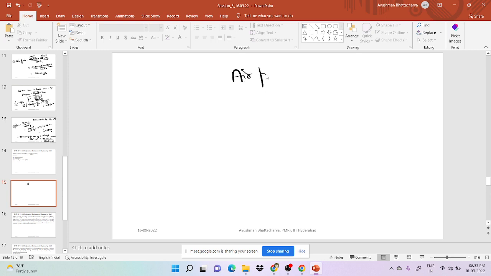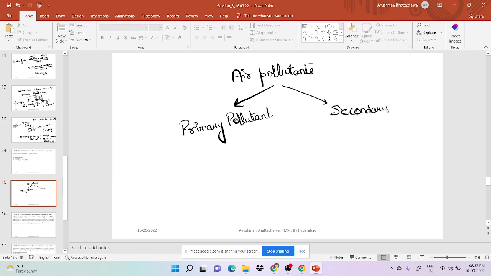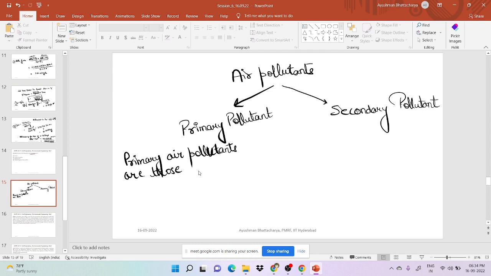Air pollutants are categorized into primary pollutants and secondary pollutants.